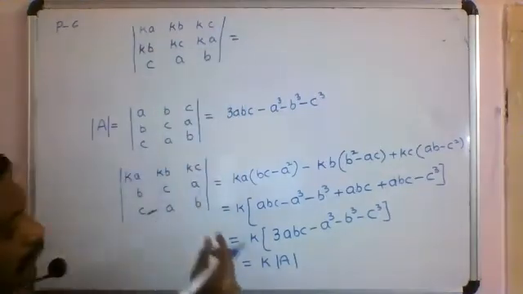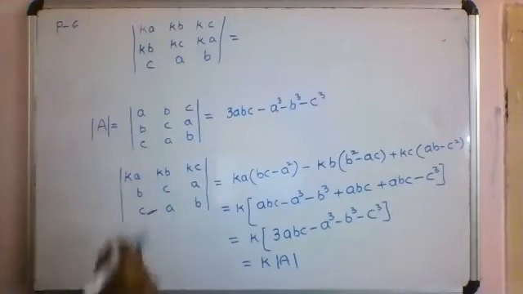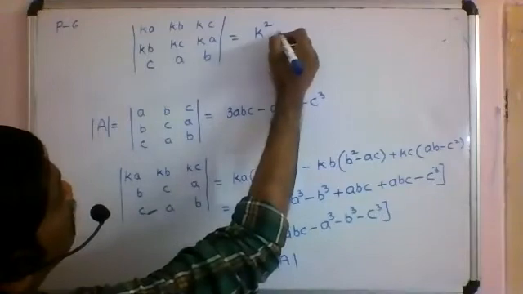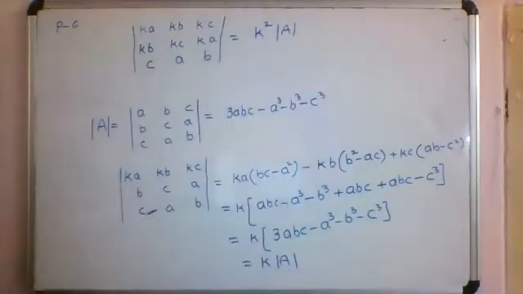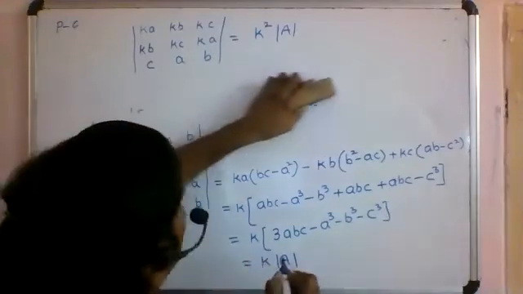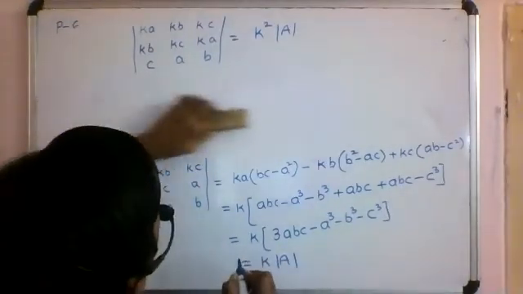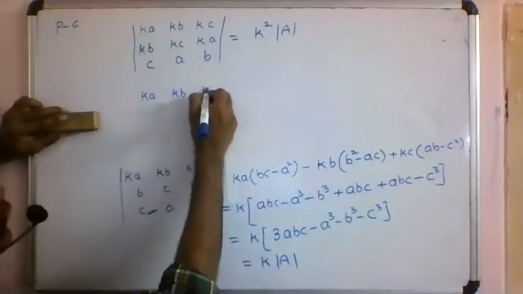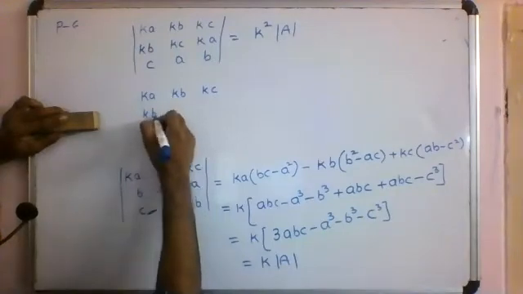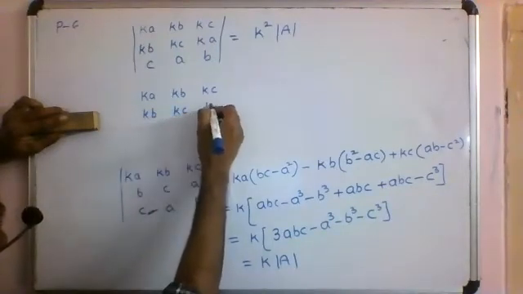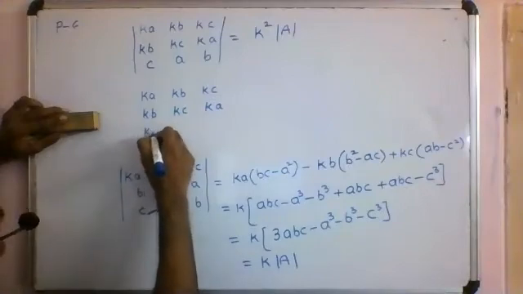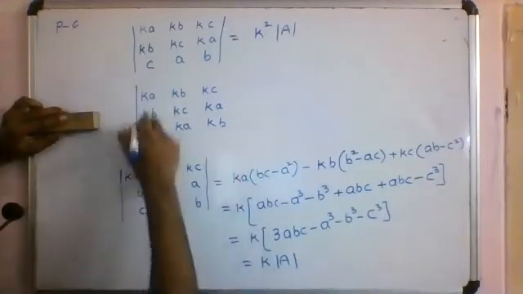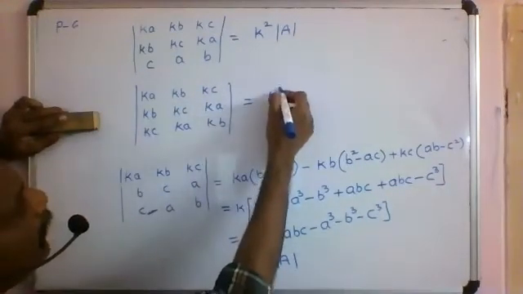For one row, 1 K we have. So if K is common in two rows, we can see it is K square into det A. Similarly, if the third row elements also got multiplied with K, like KC, KA, KB, here we get K cube times det A.